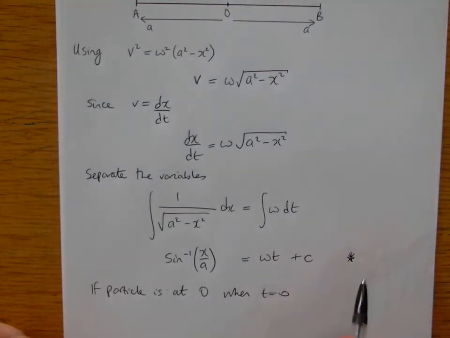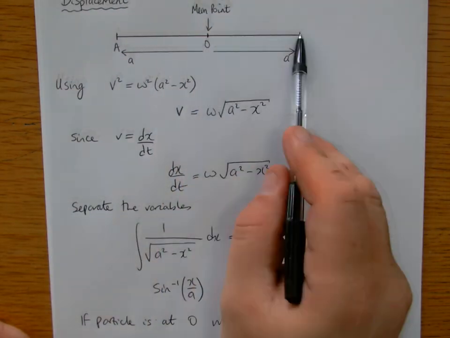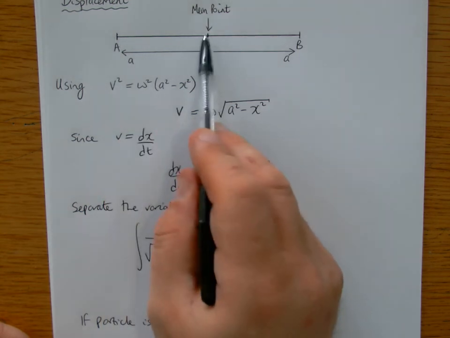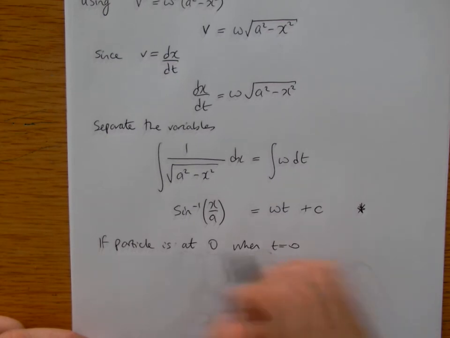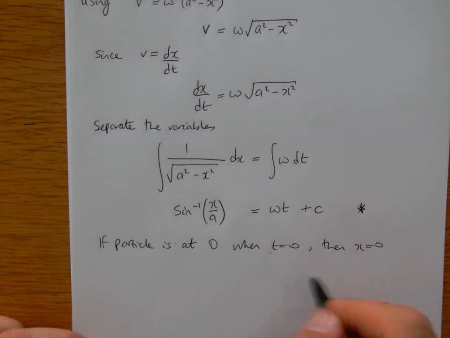Those are our initial conditions, so that's where we are at the beginning. It isn't always the case; sometimes we start here, sometimes here. But let's just consider the case where we're at the mean point. If it's at O when t is 0, then x will be 0 as well, won't it, when t is 0.